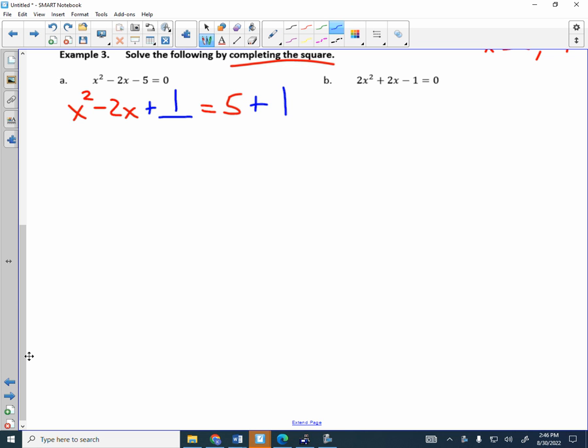What does x squared minus 2x plus 1 factor to? X minus 1, or x minus 1 quantity squared. Agreed? Equals 6. Now I solve for x. In order to solve for x, I got to get rid of this squared bit, and I got to get rid of the minus 1. How do you get rid of the squared?